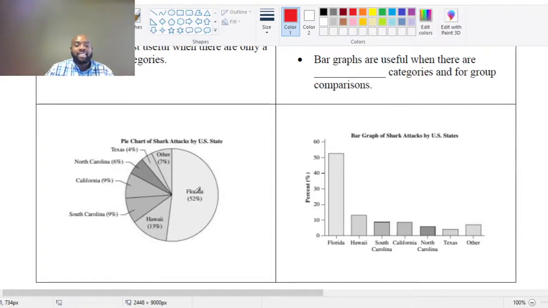Notice here the biggest slice is Florida, and so that's a visual way to easily see which category is the most frequently occurring versus one of the states with the fewest. And then we have this other category that combines some categories together because their slices would be too thin to separate. But that's an example of a graphical display for categorical data.